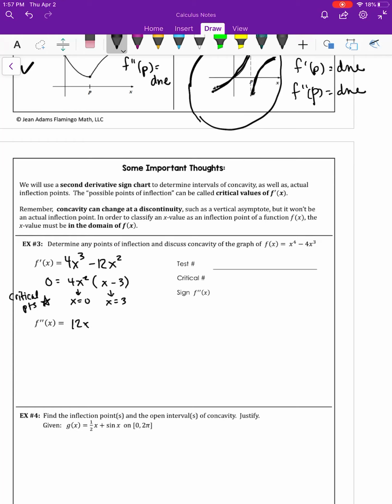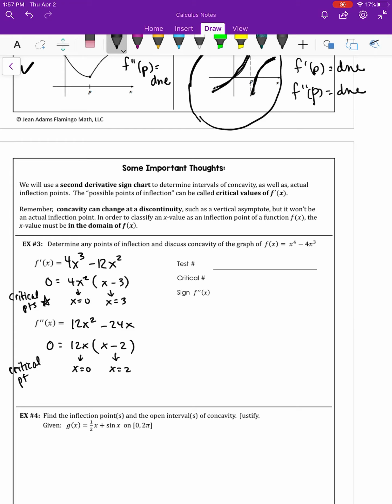Our second derivative would be 12x squared minus 24x. I set that equal to 0. I see that 12x is common to both. I'm left with x minus 2. Set that equal to 0. I got x equals 0. Set that equal to 0. I got x equals 2.